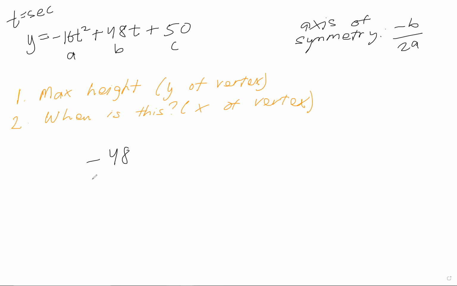Negative 48 over 2 times negative 16. Which is 1.5.